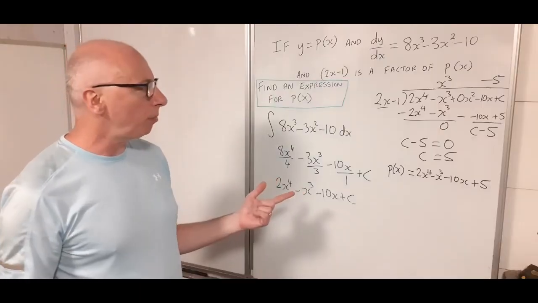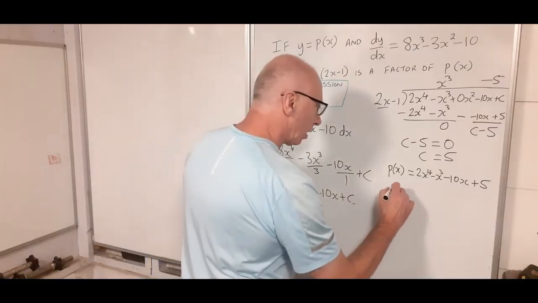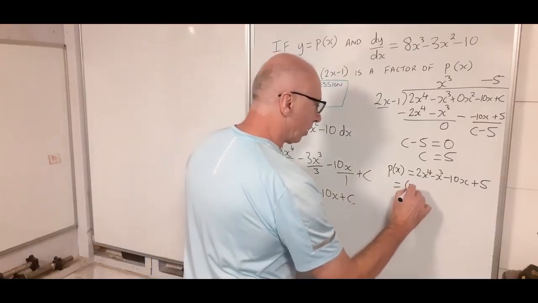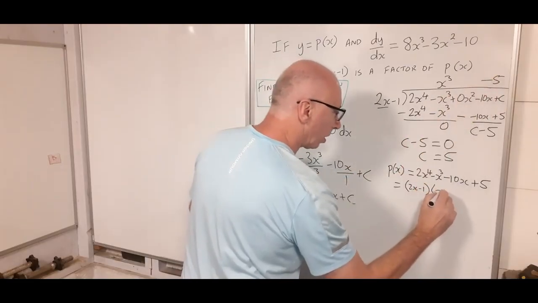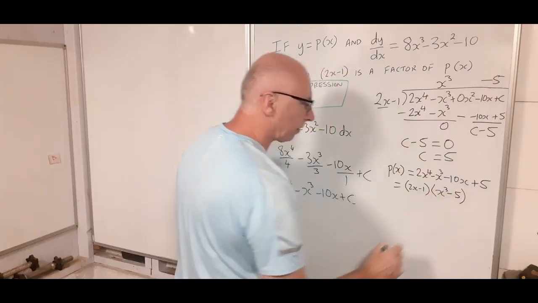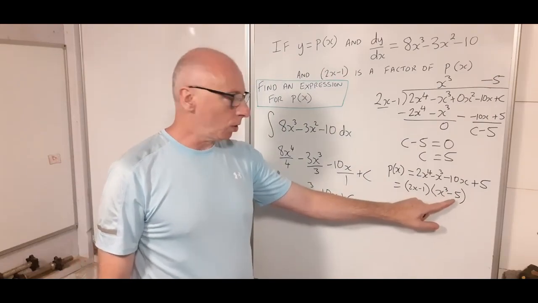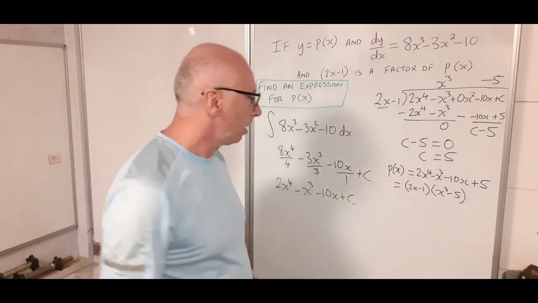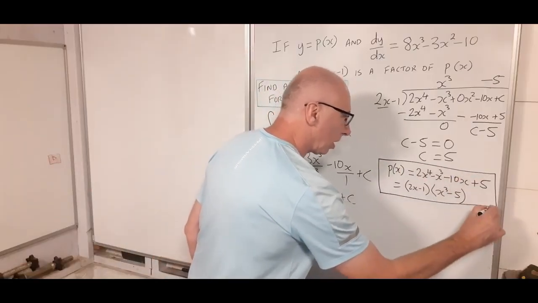So that's our p of x. We could also write it with this factor, 2x minus 1, and then that would also give us x cubed minus 5. Now this one here, I can't factor out anymore, so I'm just going to leave it as it is. So then this is going to be the end of our question, and we are done.